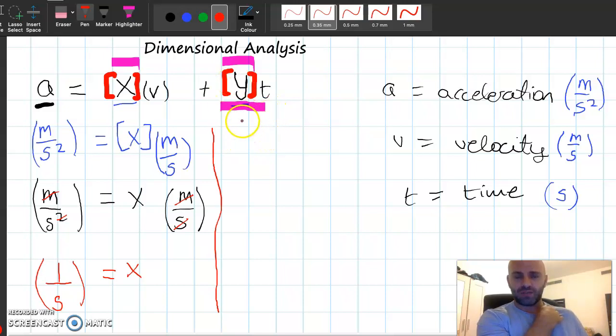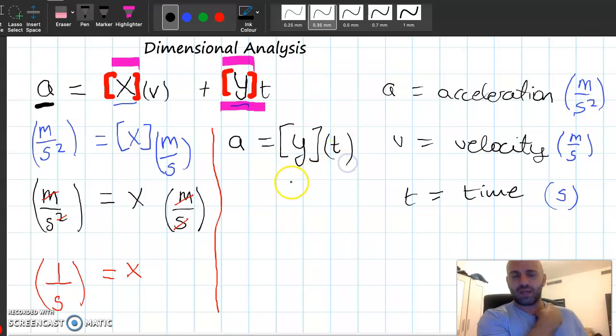I'll do the same thing for y now. Again, I'm going to set it up the exact same way. The unit of y times t is the same as the unit of acceleration. So that's y in a square bracket, times t. Time is measured in seconds.